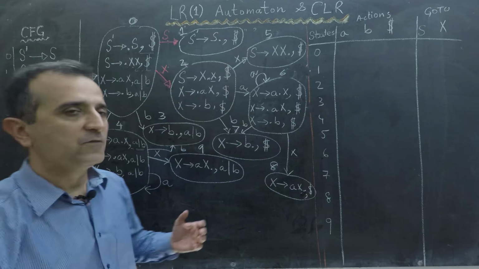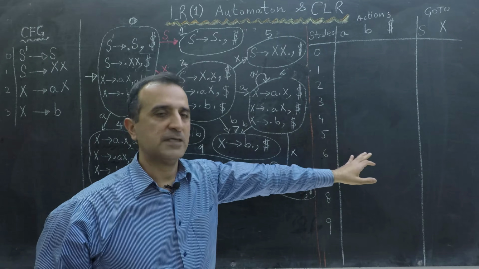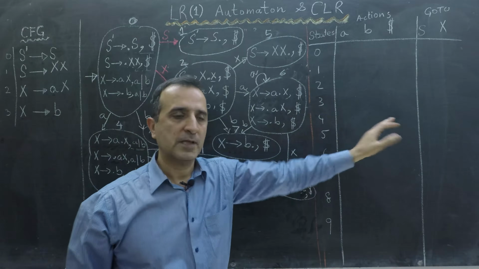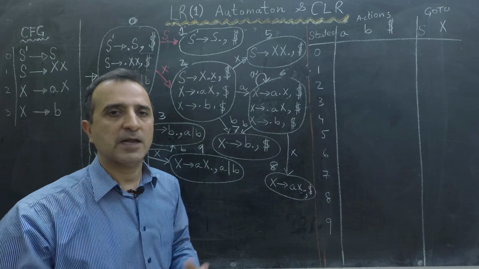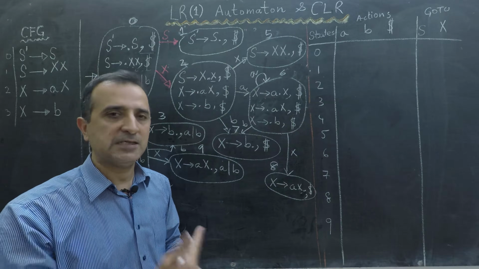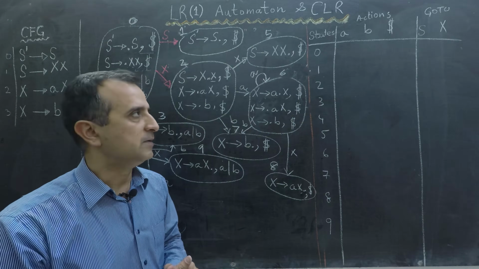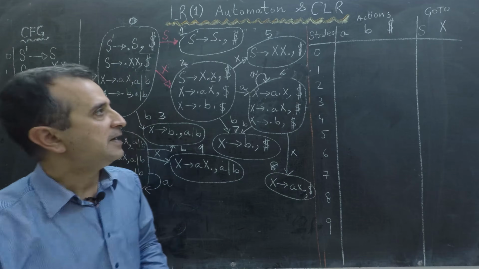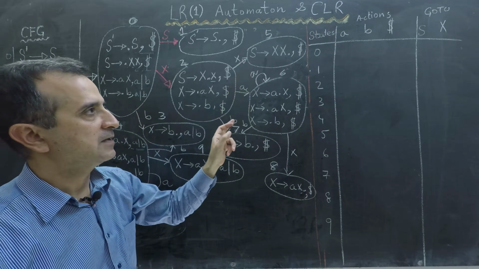Now I have to add shift, reduce actions and Goto in my table. Adding of shift and Goto is exactly the same as it was in the CLR table. So I will add shift and Goto based upon these transitions.